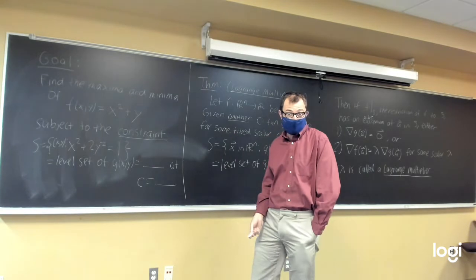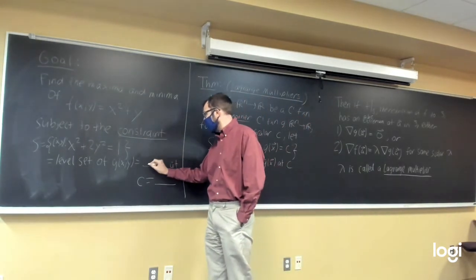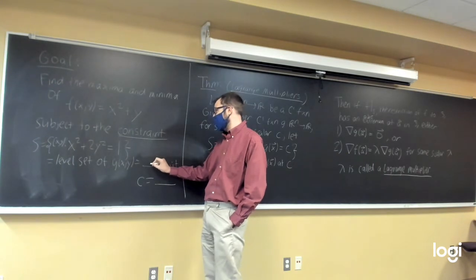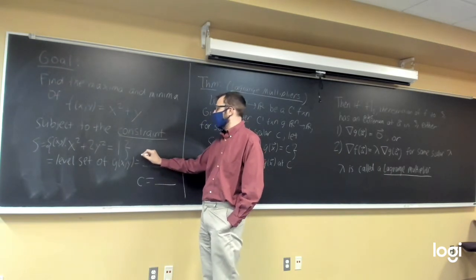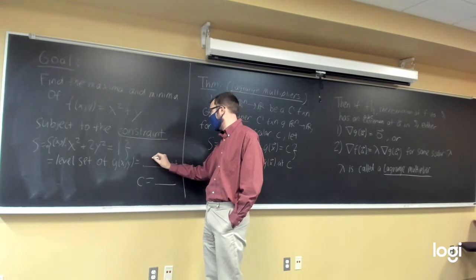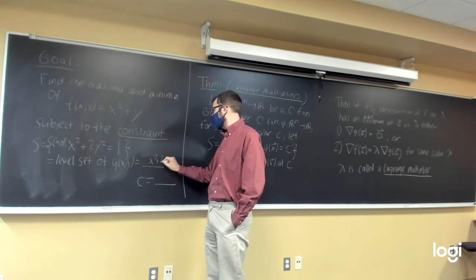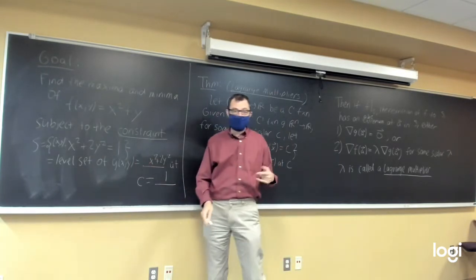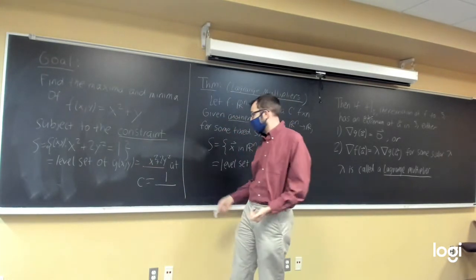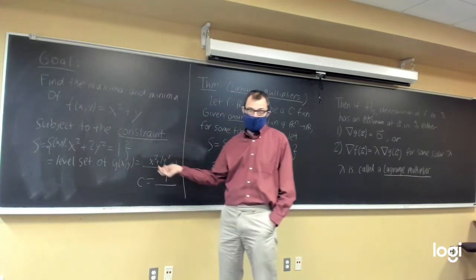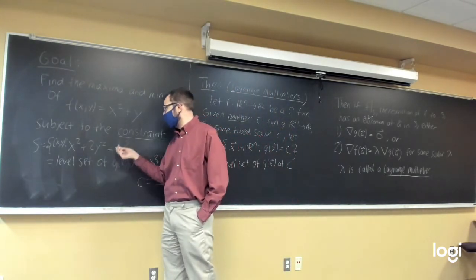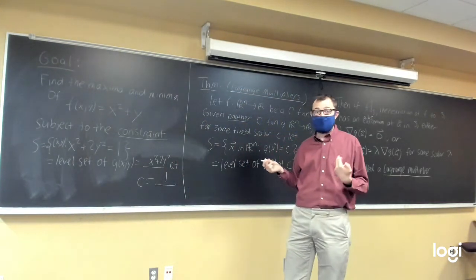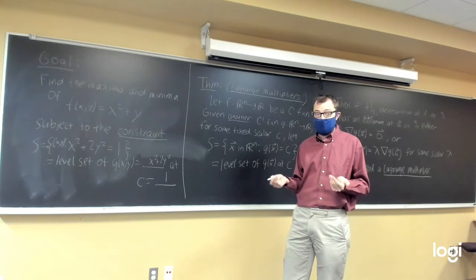Yeah, that's absolutely right, Soren. It's going to turn out to be the case that if we look at the set of all points such that if we were to plug them into the function g of xy equals x squared plus 2y squared, then the set of all points that we plugged into g of xy, this function, and get an output of 1 is going to precisely be this set S, the set of all points x comma y, such that x squared plus 2y squared is equal to 1.